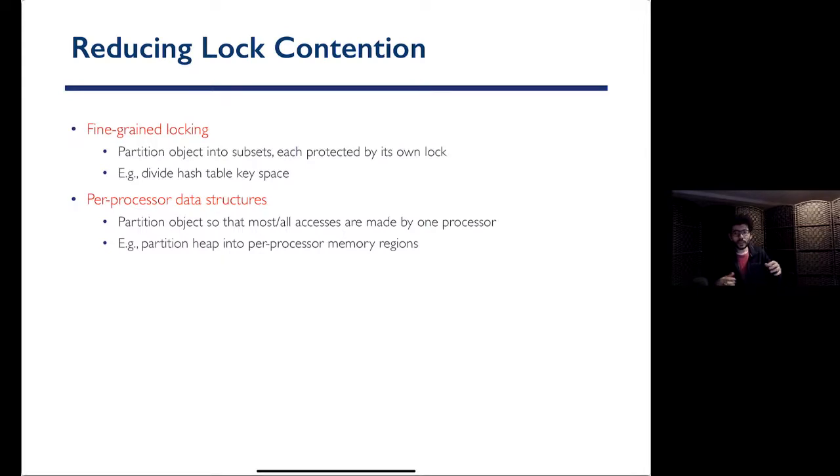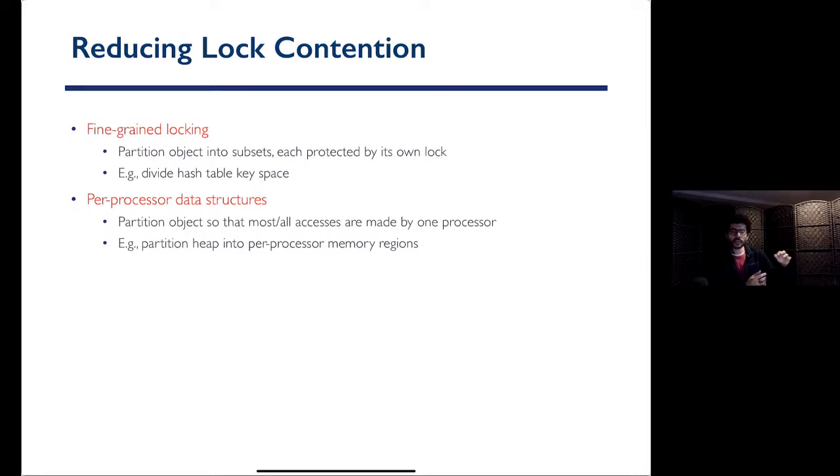Now, if all threads are calling new or alloc to get some data, you could divide your heap into different partitions and make each core allocate memory from its own partition.